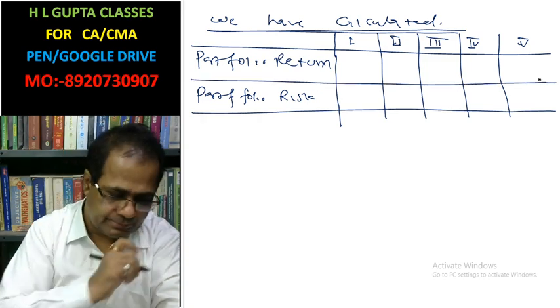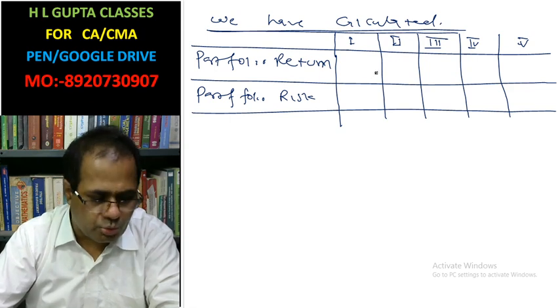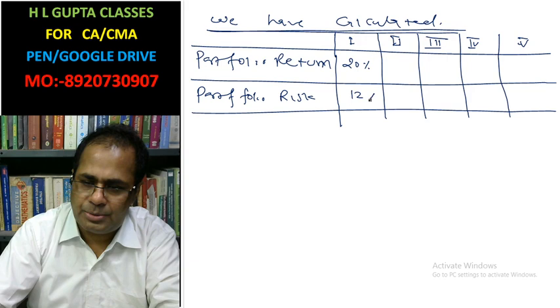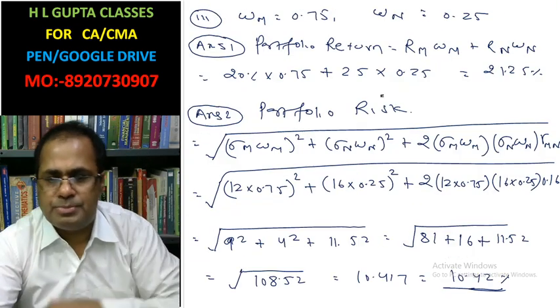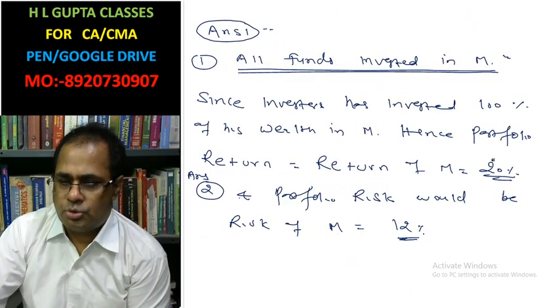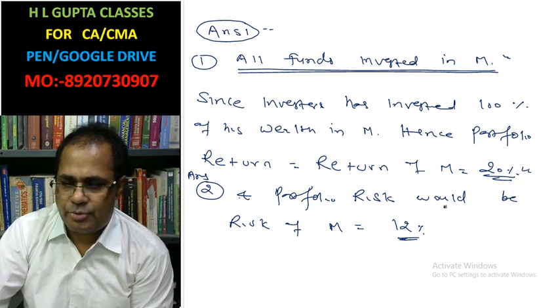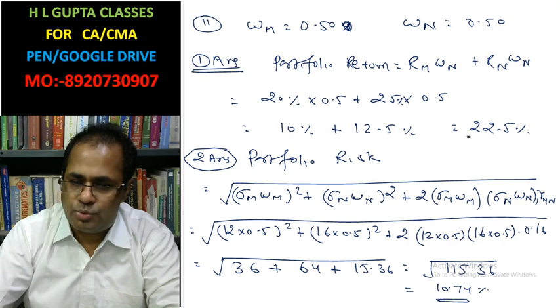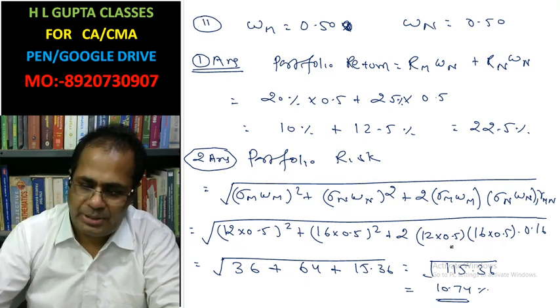Look at it. In the first, 20% return and 12% risk. How have I calculated from the first part? Look at it. 20% is this and 12% is this. In the second part, that is 22.5 and 10.74.